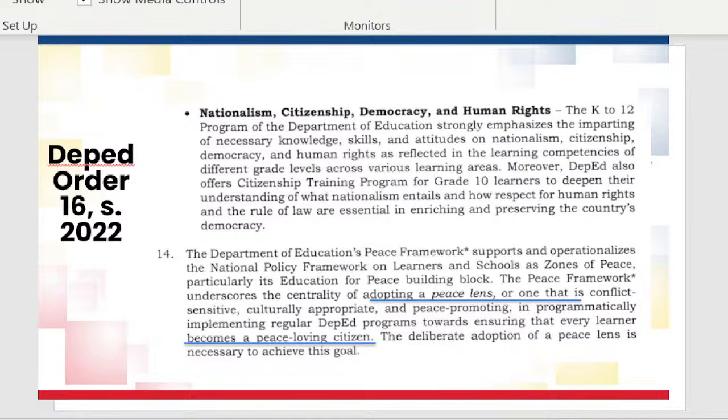So the adoption of a peace lens is necessary to achieve this goal. So it is vital that when we make lesson plans, we integrate the concepts of peace.